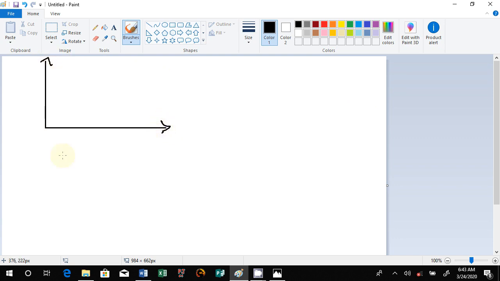Then for the vertical line, we put velocity, which is v in meters per second. Let me just help you with a clear version of meters per second. Meters per second.